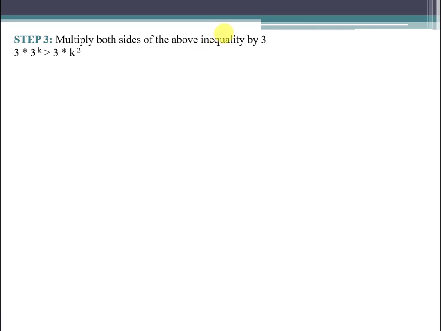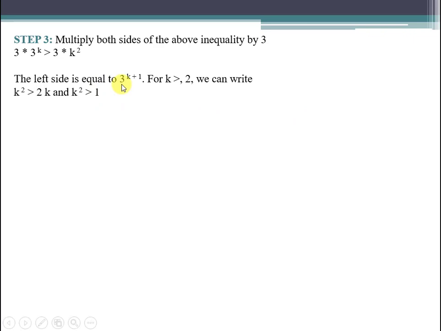If we multiply both sides of our inequality by the same number, it doesn't change. So the left side is equal to 3 to the power of k plus 1.